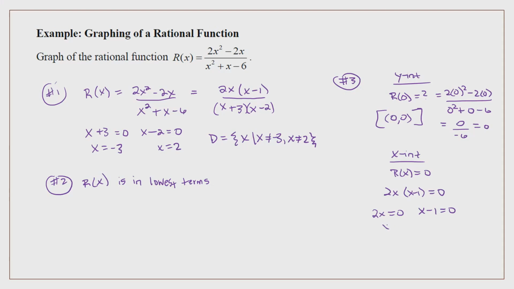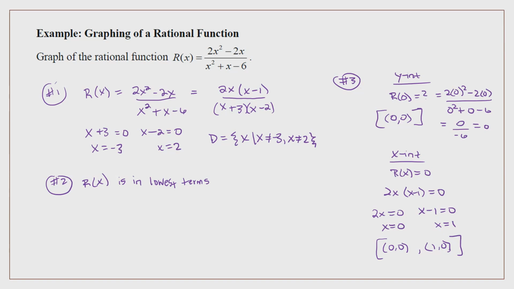So we have x equals 0 and x equals 1, which gives us 2 x-intercepts, (0, 0) and (1, 0). Okay, so we have a y-intercept and we have 2 x-intercepts.